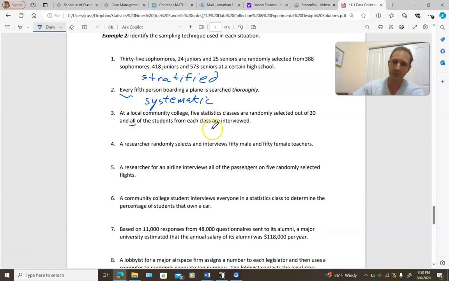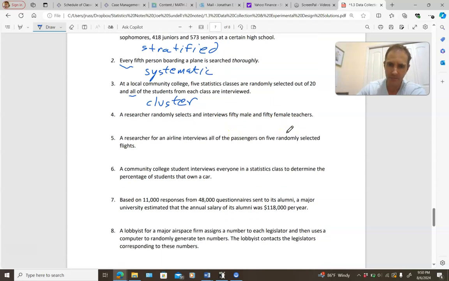And here's another example of cluster sampling. So there's a total of 20 statistics classes, and 5 of those are chosen. So we're choosing 5 clusters out of 20, and of course all the students are interviewed or sampled. So this would be cluster sampling. Number 4, a researcher randomly selects and interviews 50 male and 50 female teachers.